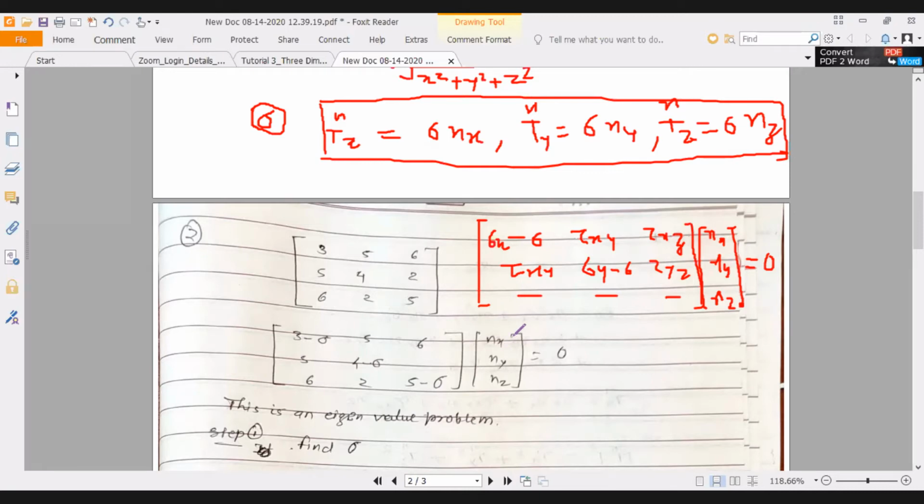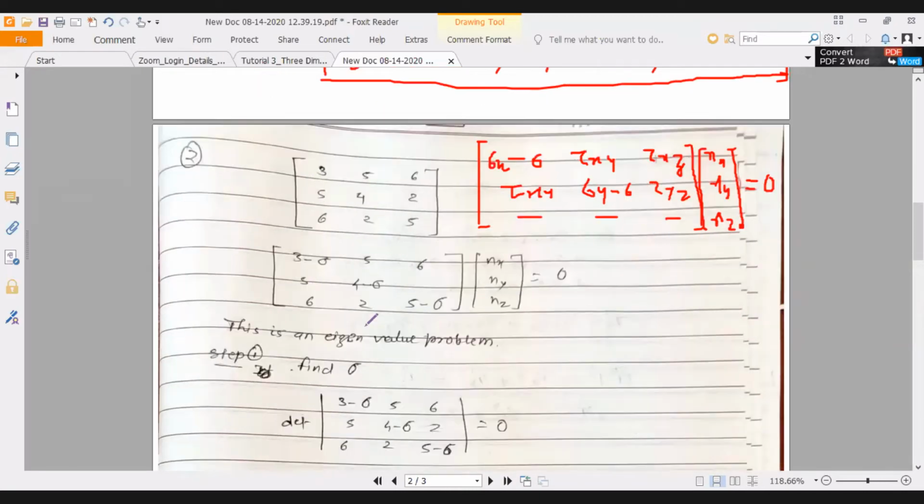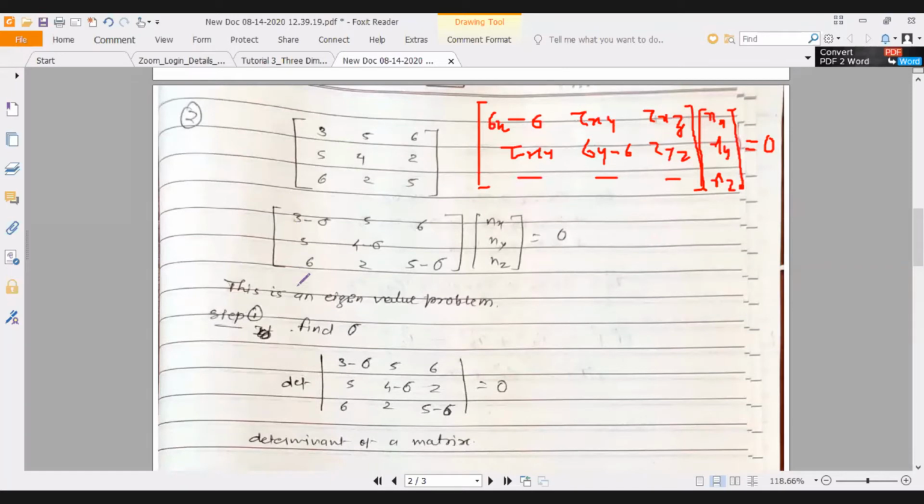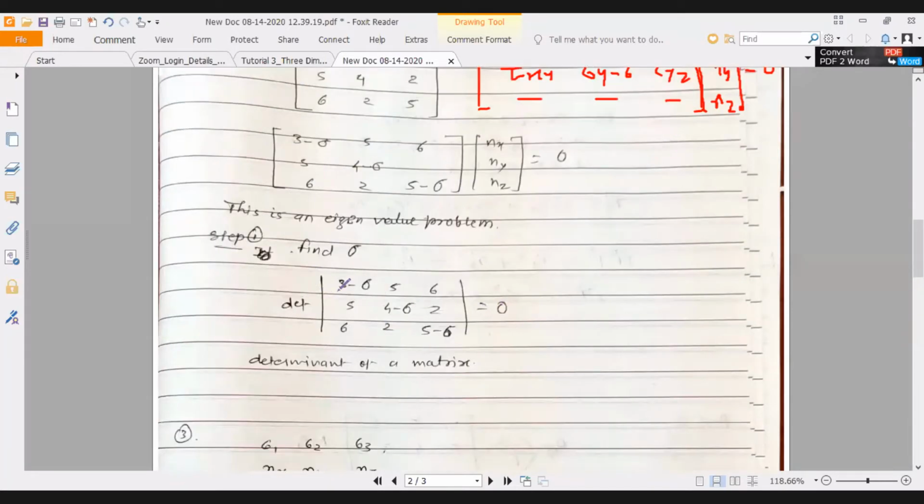So the determinant of this coefficient matrix is equal to 0. Determinant, again, is very basic from your previous mathematics class, so you need to expand this determinant.